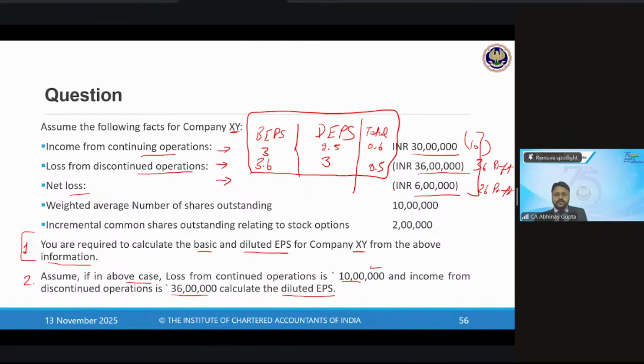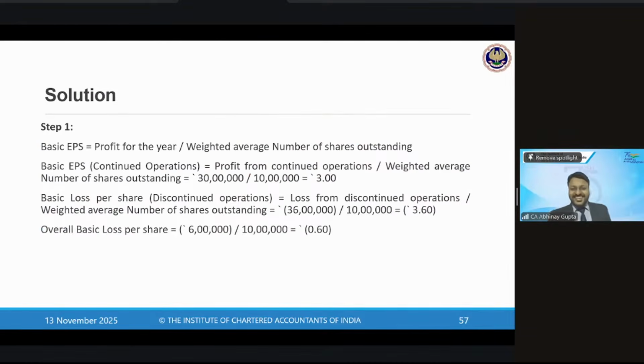Now, what is your answer for basic and diluted for all the three? Continuing, discontinuing, and total. So same logic, minus 10 divided by 10, 36 divided by 12, which is 3, and again 26 divided by 12, right? That's what you would be meaning, correct? Yes.